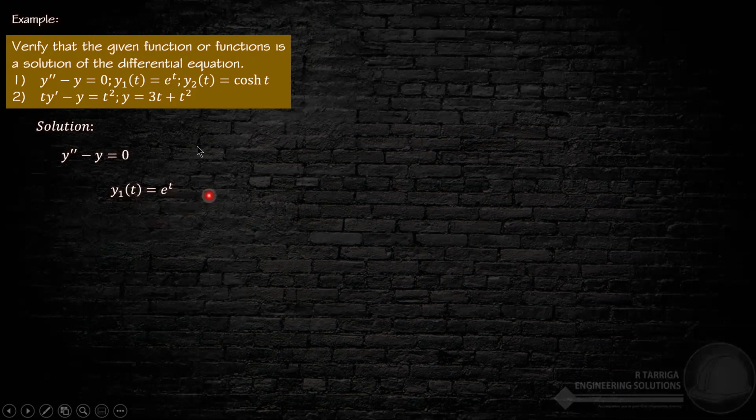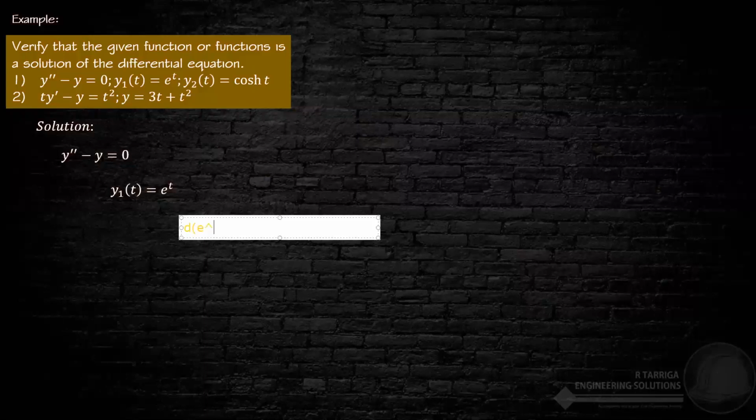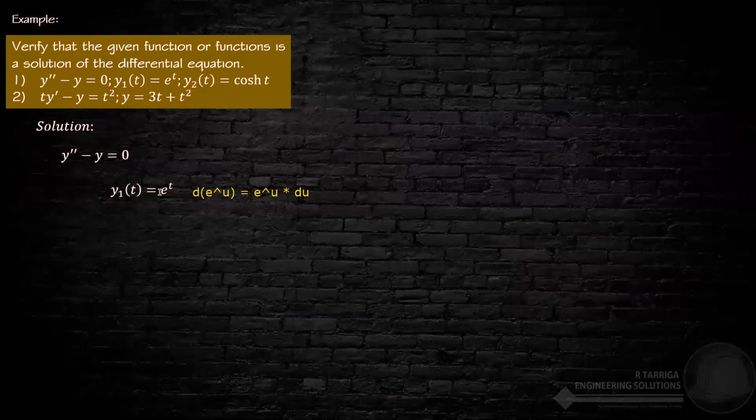If you remember, the derivative of e raised to u is e raised to u times du. If you are familiar with that, if you differentiate this, automatically it is e raised to t still.